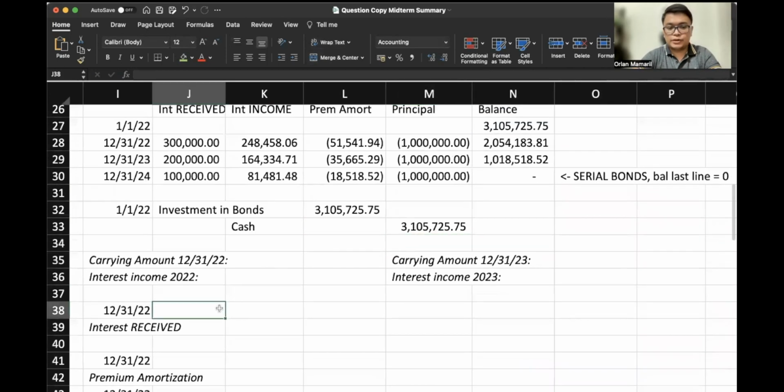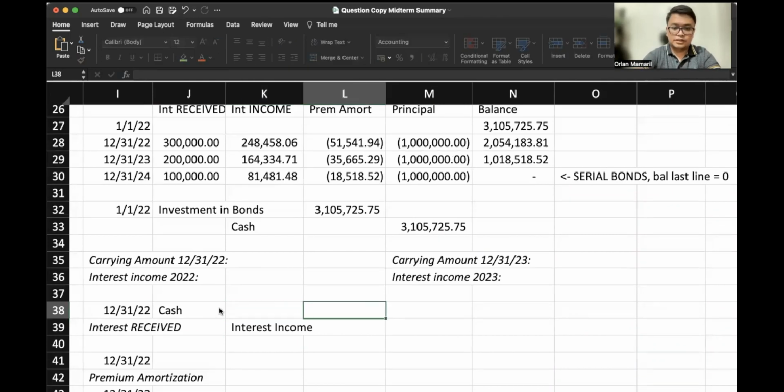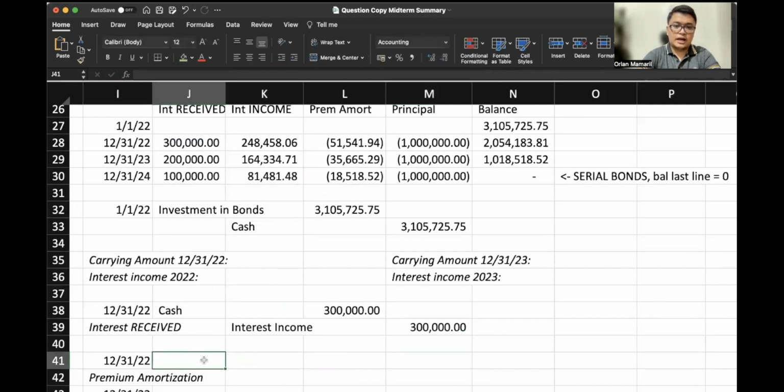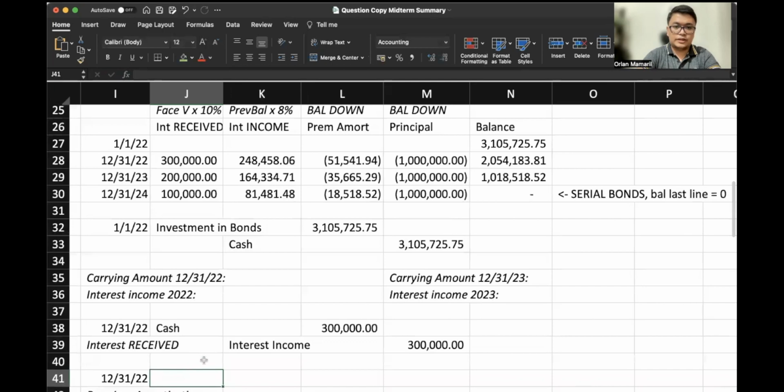Notice, December 31, 2022, debit cash, credit interest income, 300,000. For the premium amortization, again, premium amortization decreases our balance. So this is a deduction to both the interest income and our investment in bonds.